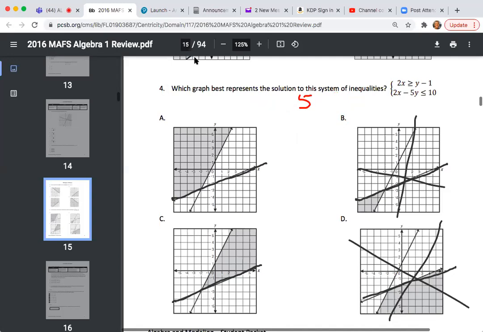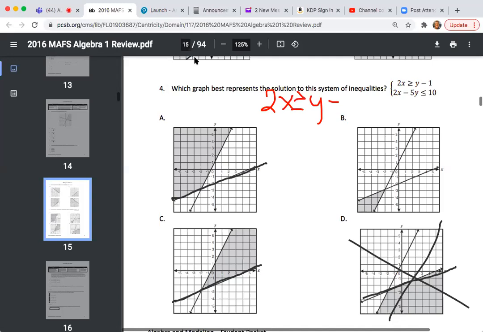Now, guys, let's look. Either A or B is going to be the correct answer. I want you to look at the first inequality. Let's plug (0, 0) into the first inequality: 2x is greater than or equal to y minus 1.